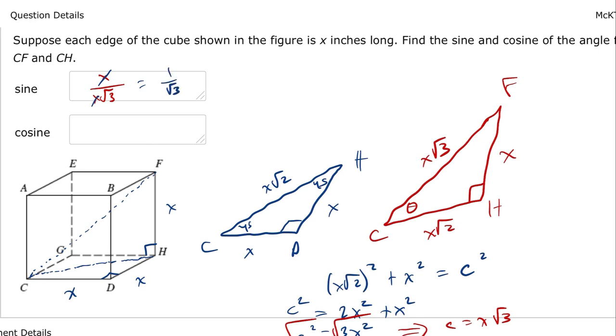You can rationalize that if you would like. You may have to. I'm not 100% sure. And then the cosine would be adjacent over hypotenuse. So that would be x radical 2 over x radical 3, which is radical 2 over radical 3. And same thing, you can rationalize that as well. So that concludes this section.